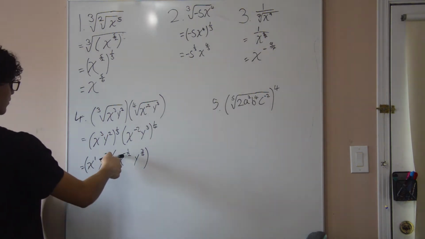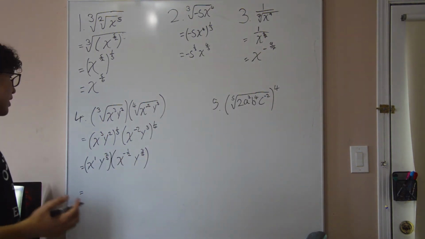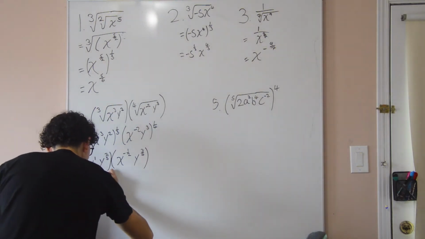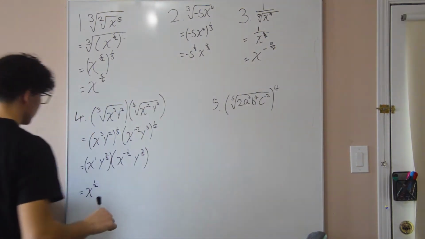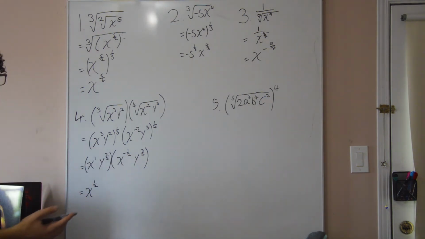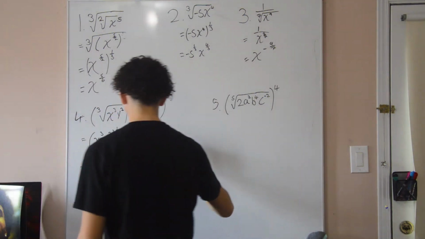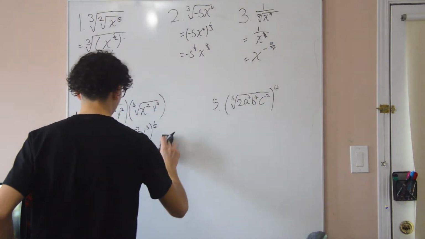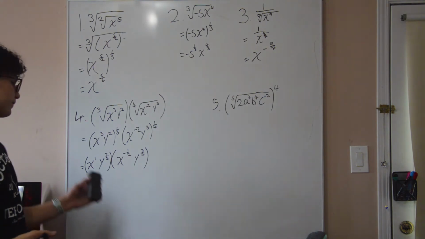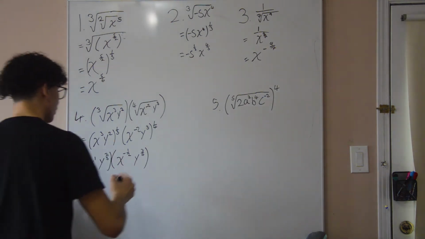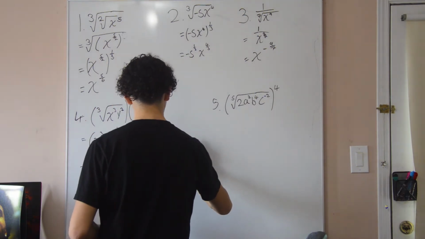So 1 plus negative 1 over 2, or 1 minus 1 over 2, is just 1 over 2. So this becomes x to the 1 over 2, and then 2 over 3 plus 3 over 4, we actually need to change it, and I'm just going to do it on the side here. If you remember adding fractions, they need to be the same denominator. So 2 over 3 plus 3 over 4.